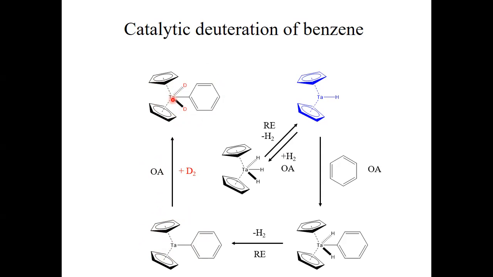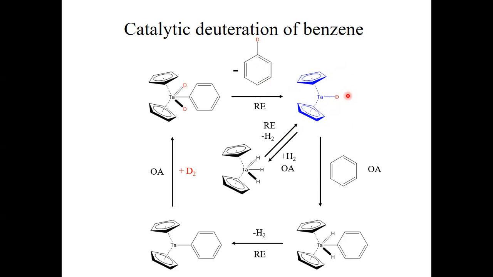Okay, so now, in the last step, we can do a reductive elimination in which we eliminate the deuterated benzene. And that produces our catalyst again, and the catalytic cycle can restart.